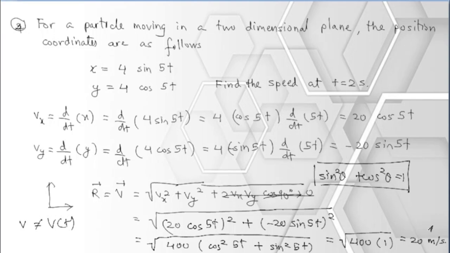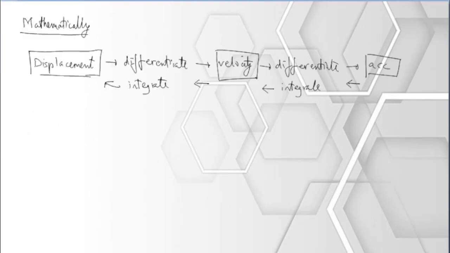Okay, so we saw a few problems on how to deal with rate of changes, velocity, displacement and all that stuff. And displacement can be mathematically differentiated to obtain velocity, and velocity can be differentiated to obtain acceleration. And you should know that if you want to obtain velocity from acceleration you have to integrate, and if you have to obtain displacement from velocity you have to integrate.